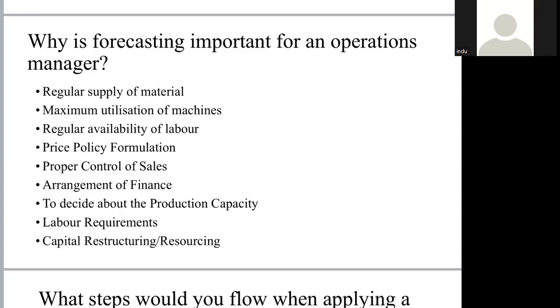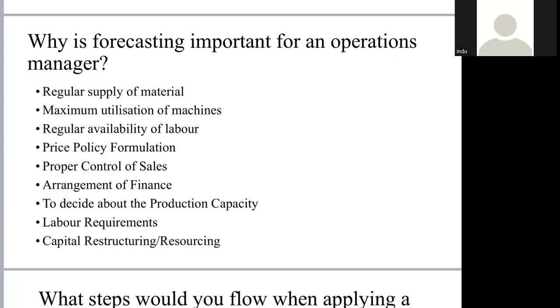And not only that, right? There is another importance. The next one is price policy formulation. For price policy formulation, forecasting is also important. Why?